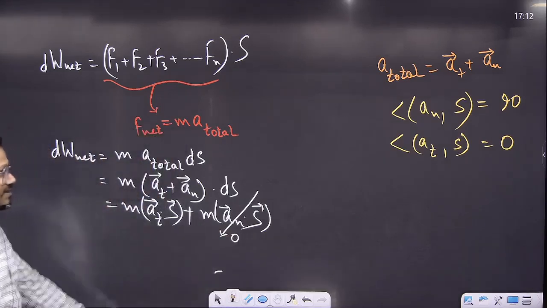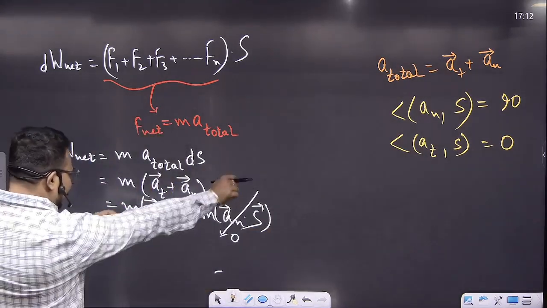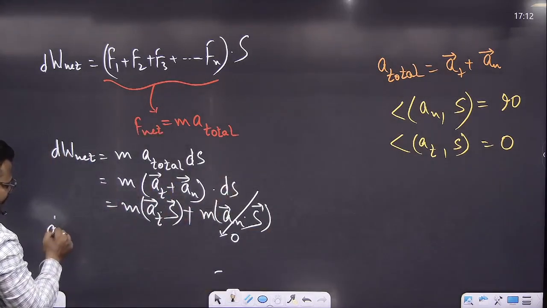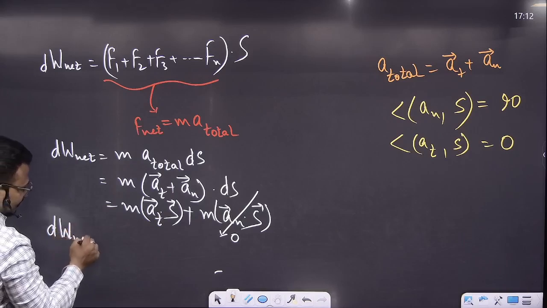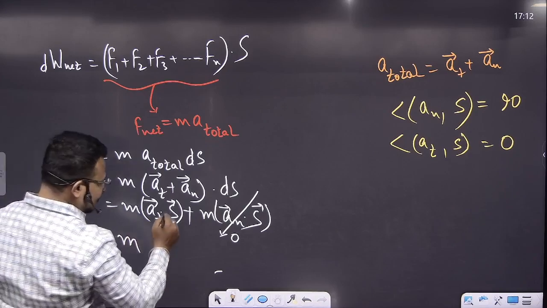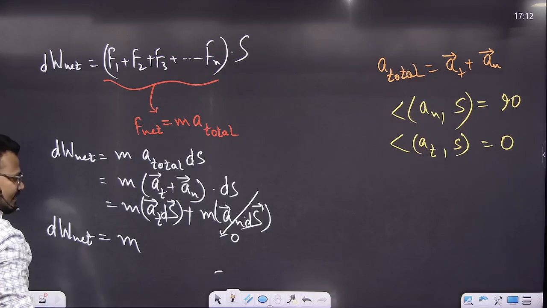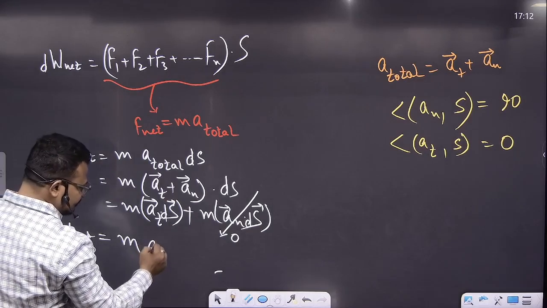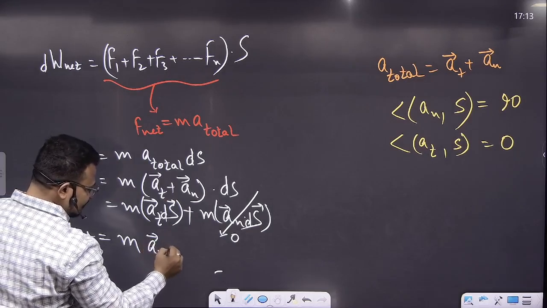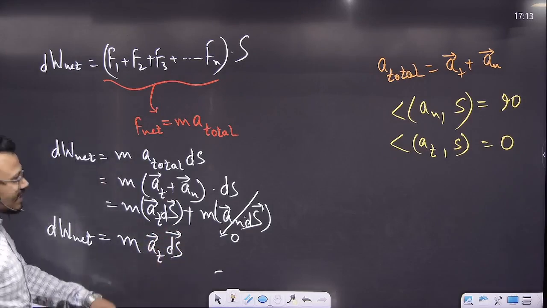We can identify it from here: angle became 90, right? So work done net, what we are getting? We are getting M AT ds, small mistake happened, here ds is there.